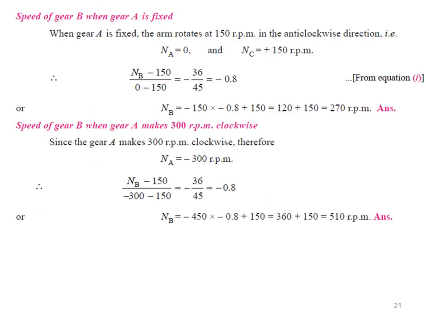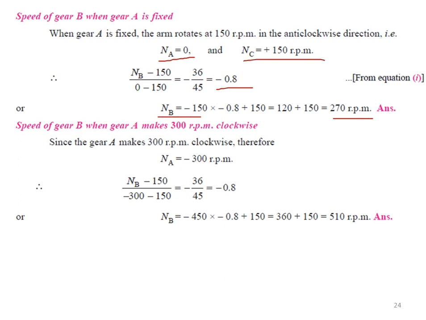When you have to find the speed of gear B when gear A is fixed, that is the first condition, Na will be 0 and Nc is 150 rpm, as given in the question. So you get (Nb minus 150) divided by (0 minus 150) equal to minus 36 by 45, which is minus 0.8, and Nb you calculate as 270 rpm. So you get the same answer as in the tabular method.